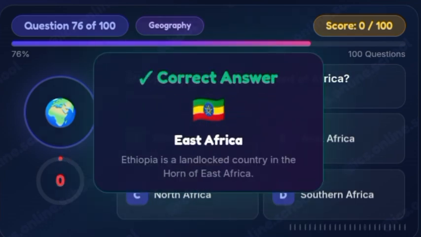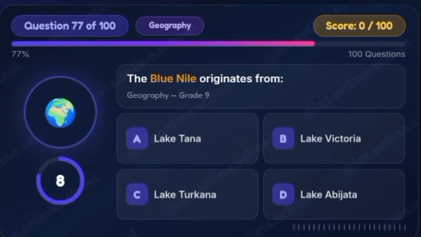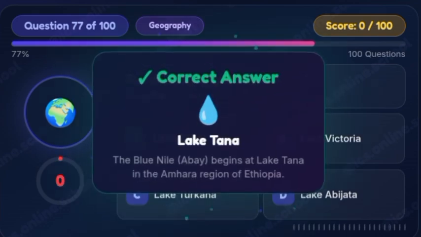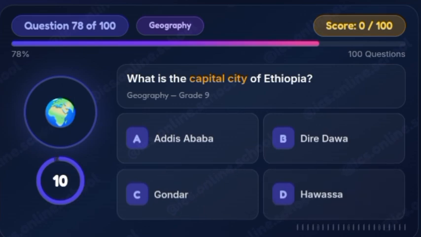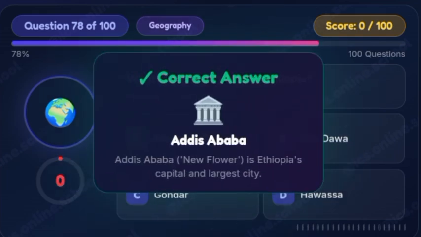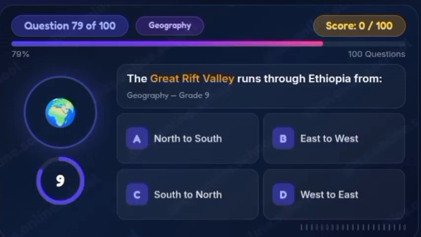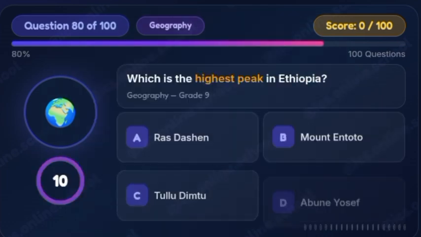Ethiopia is located in which part of Africa? East Africa. Blue Nile originates from Lake Tana. What is the capital city of Ethiopia? Addis Ababa. The Great Rift Valley runs through Ethiopia from north to south.